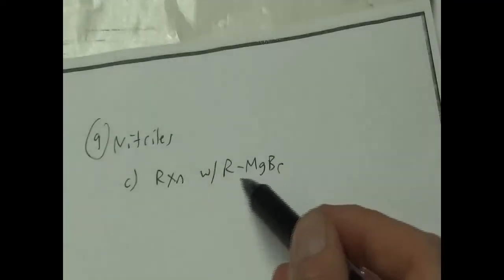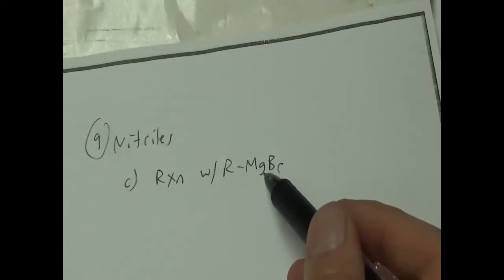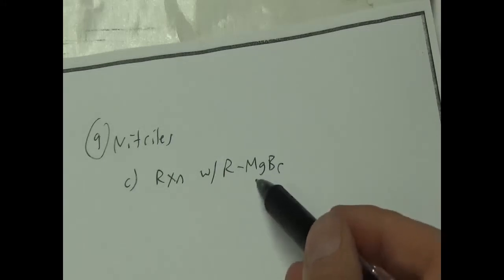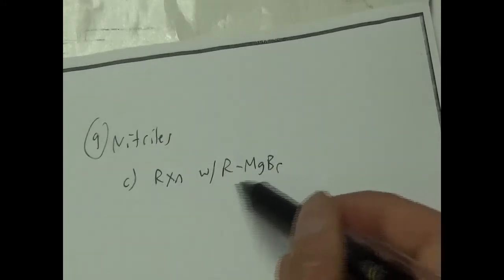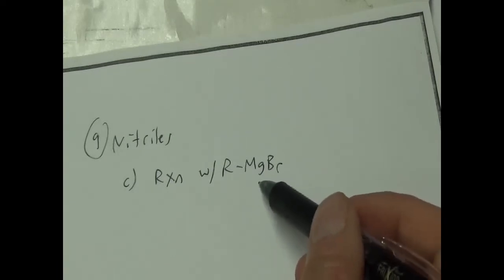If you react a Grignard with an ester, what do you get? You get a tertiary alcohol, right? Also if you react a Grignard with an acid chloride, you also get a tertiary alcohol.